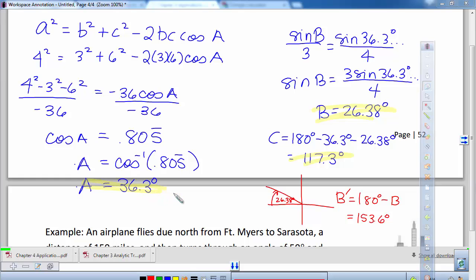If I add this 153.6 degrees to that, that's already more than 180 degrees. So that's not going to make a triangle for us. So there was only one solution for this problem, and that is where we have angle A equals 36.3 degrees, B is 26.38 degrees, and C is 117.3 degrees.